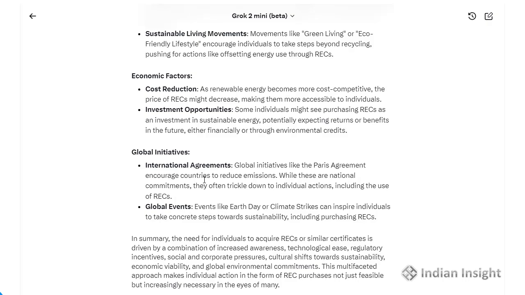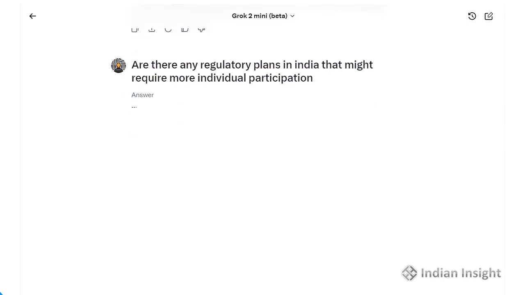Now let's look at whether there are any regulatory plans in India. So, are there any regulatory plans in India that might require more individual participation?